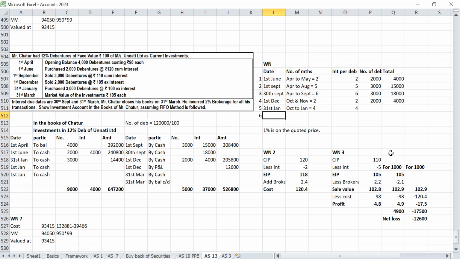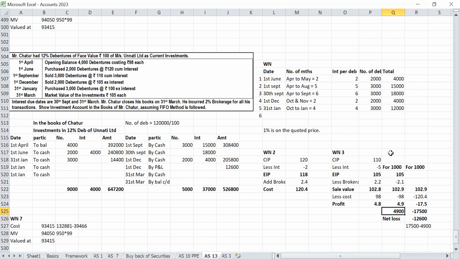Interest is 4 into 3,000, 12,000 interest amount. The 4,900 profit came, sir, on the first 1,000. This is profit, this is loss. So net loss or profit: 17,500 loss minus 4,900 profit. So net loss.